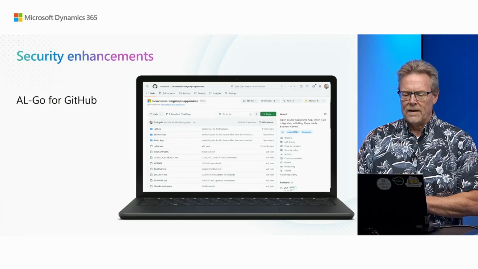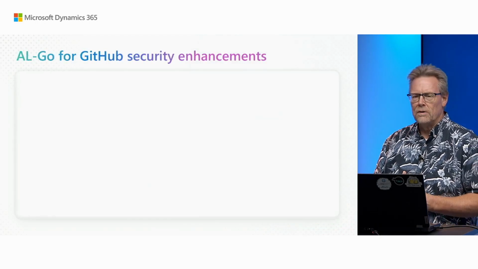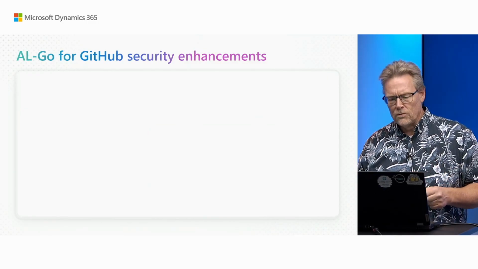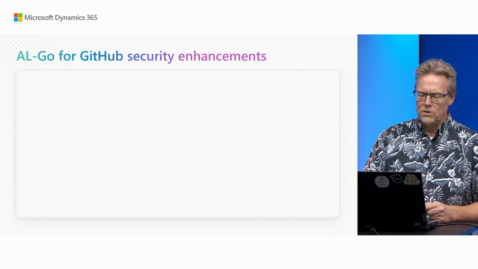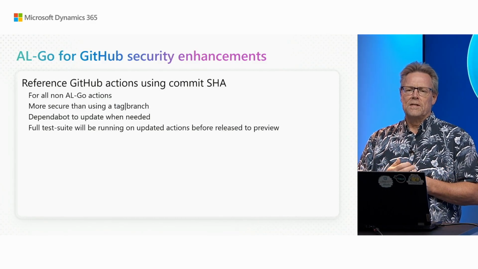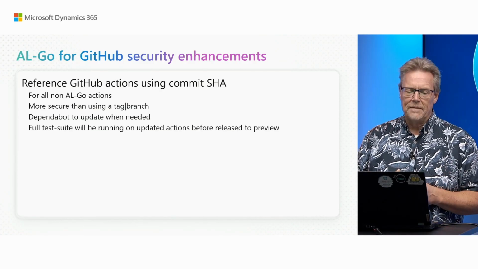First of all, security enhancements in ALGO for GitHub. So a few things that we did in order to enhance security, not only for our own repository, but also for the customers and partners using ALGO for GitHub, is to always reference GitHub actions using a commit SHA, right?